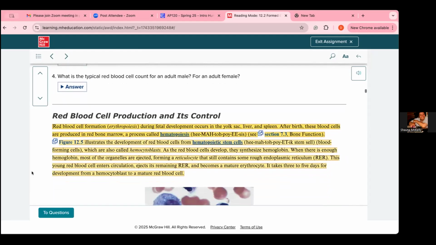Yeah, so here, okay, that's control. Keep going. We're looking for more about the vitamins.